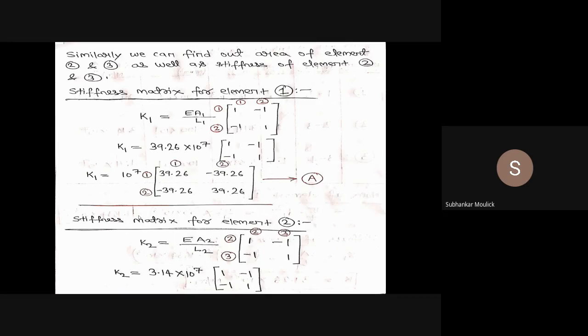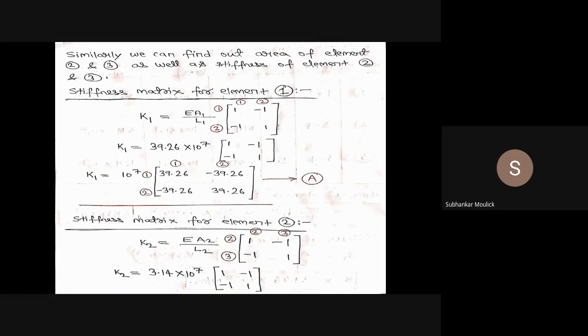After that, we will assemble these three local stiffness matrices to get the global stiffness matrix, and then we will write down the governing algebraic equation for the problem, which is nothing but the restoring force equation, K into U is equal to F, in which K is your global stiffness matrix. What is U? U is your global displacement vector.